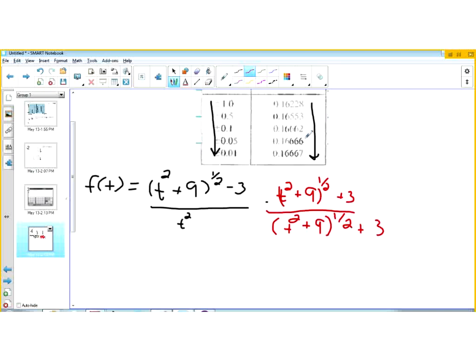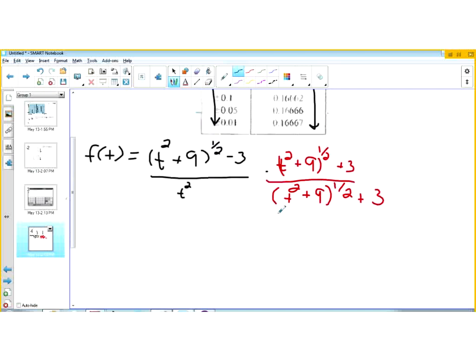All right, now what happens when we do this multiplication? What is the result? Well, the numerator is the product of two squares, right? So our f of t then would become t squared plus 9. I'm using FOIL now. I multiply the first two terms. The product of the first two terms would simply be t squared plus 9 because 1/2 plus 1/2 is 1.